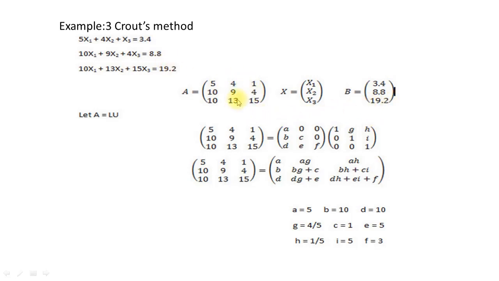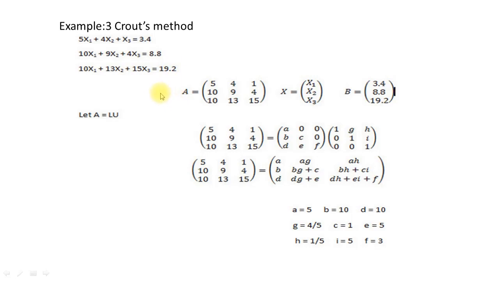Now decompose this matrix A into the lower triangular matrix and upper triangular matrix. In this example, I want to tell you that we can use the Crout's method. In the Doolittle method and Crout's method, there is one simple difference.